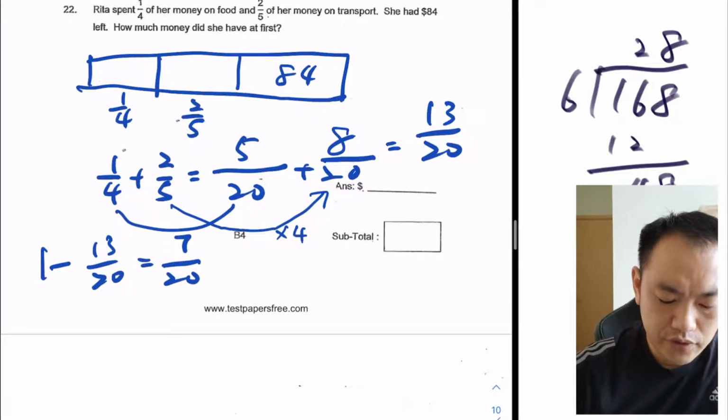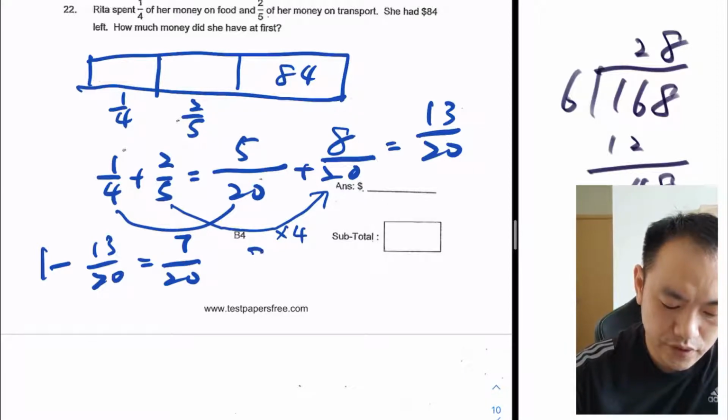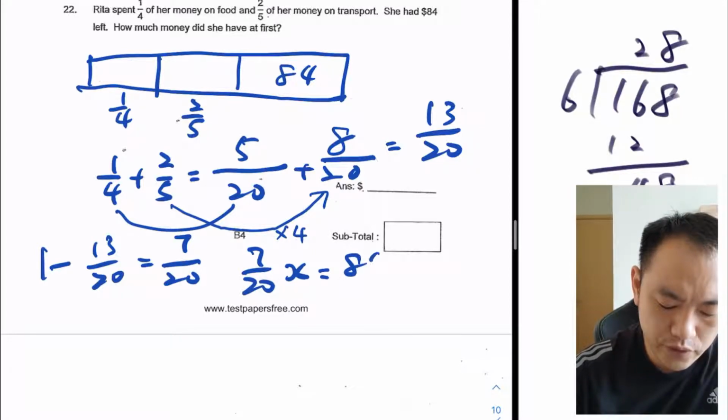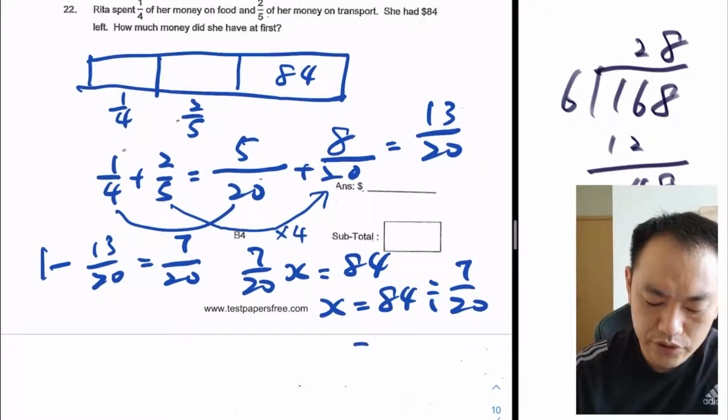Okay, so 7 over 20 equals 84. So assuming the total money she has is x, 7 over 20 times x equals 84, then x equals 84 divided by 7 over 20. And how do you do the calculation of that?